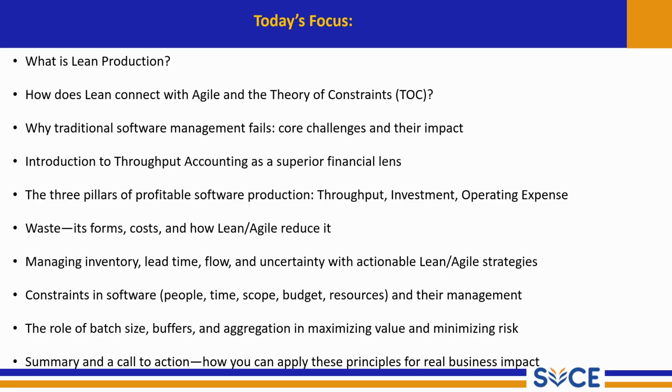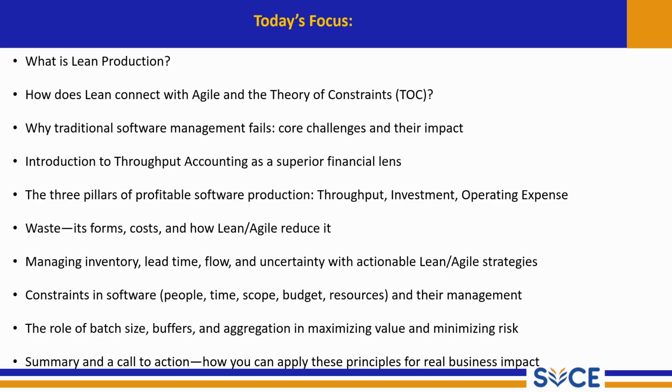reduce it. And next one is managing inventory, lead time, flow, and uncertainty with actionable lean agile strategies. Next, constraints in software like people, time, scope, budget, resource, and their management. The role of batch size, buffers, and aggregation in maximizing value and minimizing risk.